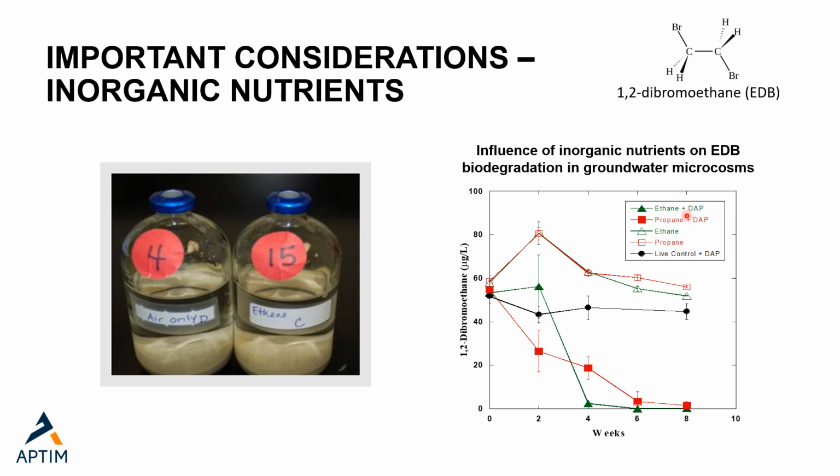But if we added a nutrient source like diammonium phosphate, we saw good biodegradation of the EDB. In fact, moving a little further, we actually saw concentrations below 15 nanograms per liter. So very, very good degradation of the compound. We didn't see that if we just added the nutrients. So clearly there was a nutrient limitation that had to be overcome.